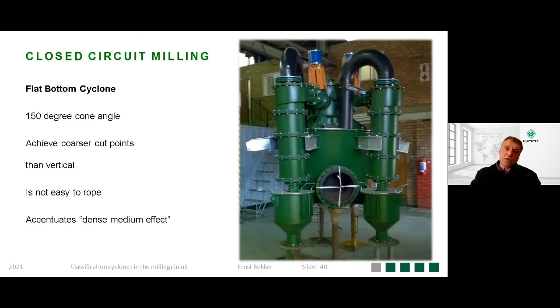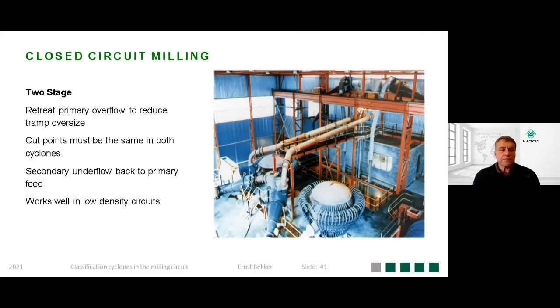And high circulating loads translate to inefficient cyclone feed conditions, and that translates to misplaced material. So the objective is, again, keep the circulating load around the optimum as far as possible, and then play around with the cyclone configuration so that you can get a cut point that would be suitable for those conditions.